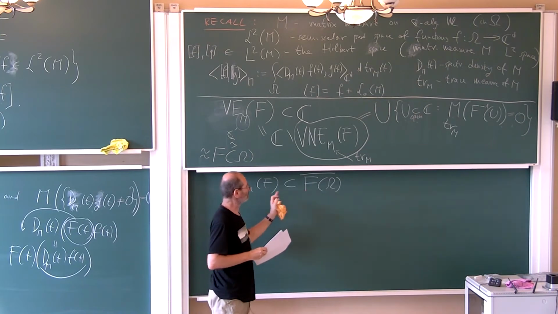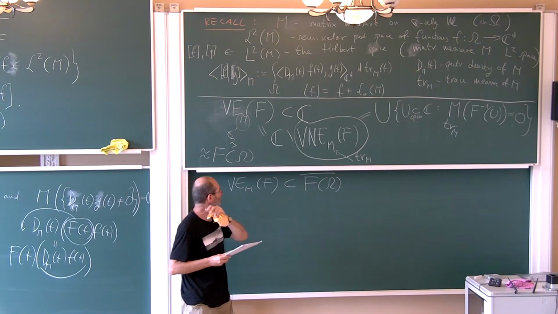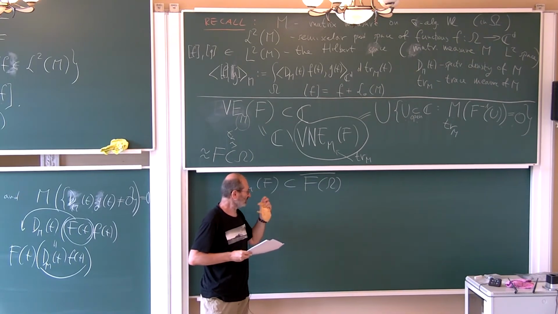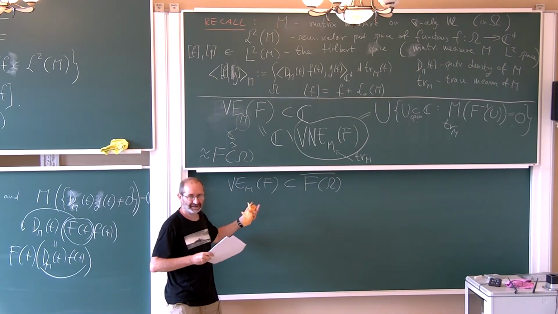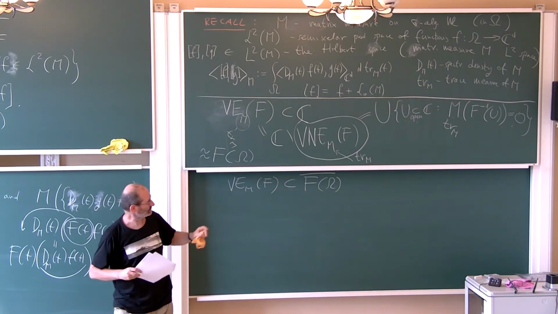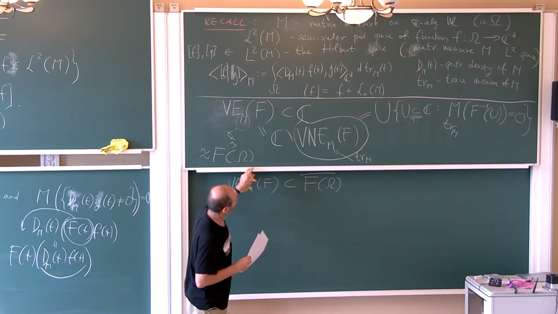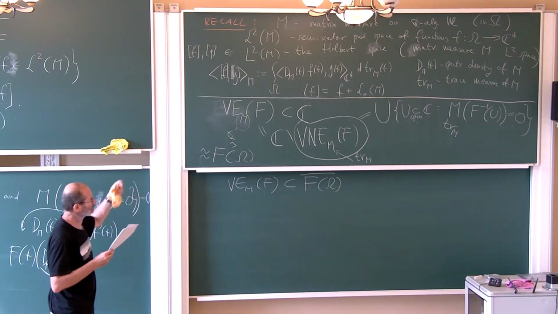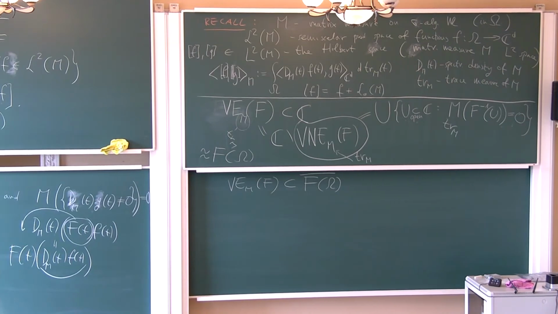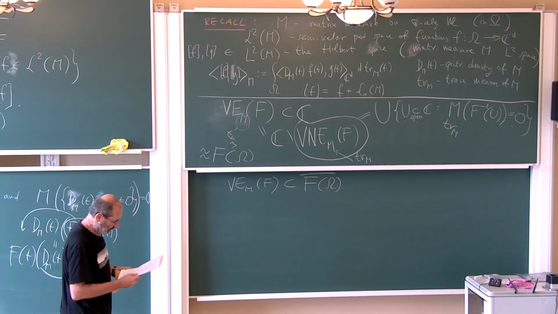For example, when the measure is related to a topology and the function is continuous, then it happens that it's just the same. Okay, so this is just to understand what this is.